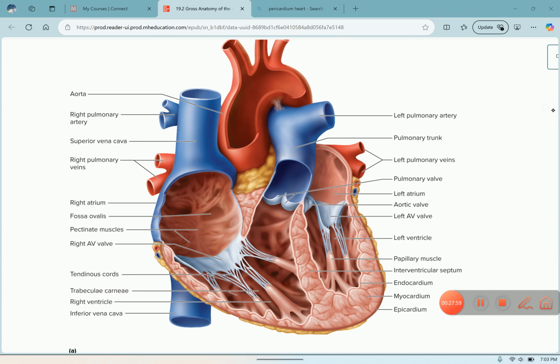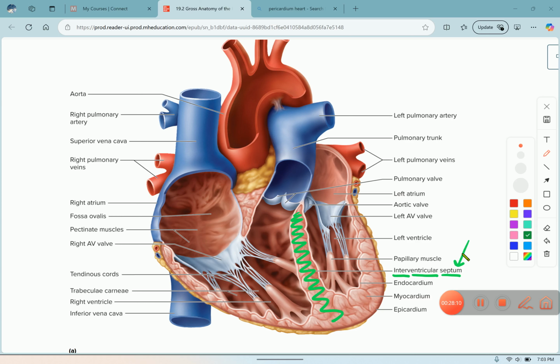Okay, other anatomy parts: we have the interventricular septum. Septum means wall. Inter is in between. In between what? The ventricles, so there's your right and left ventricle.